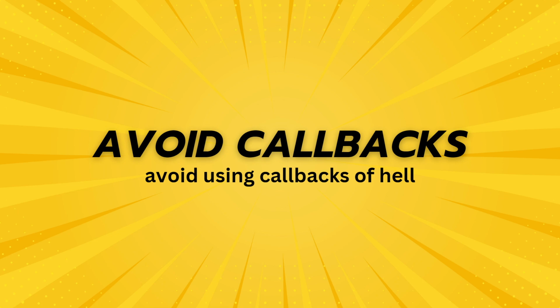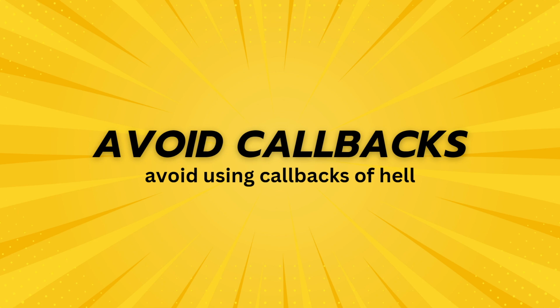So the next thing is to avoid callbacks. You want to avoid callbacks by all means. A rule of thumb is to always ask yourself: this program, can I write it without using callbacks? If the answer is yes, then you shouldn't use callbacks.